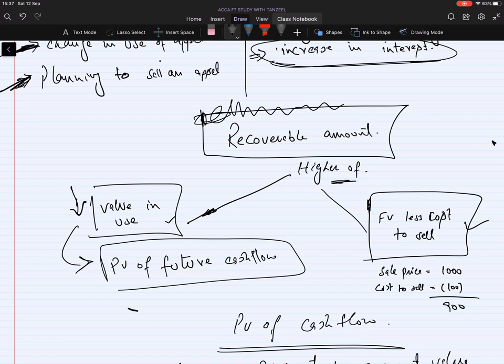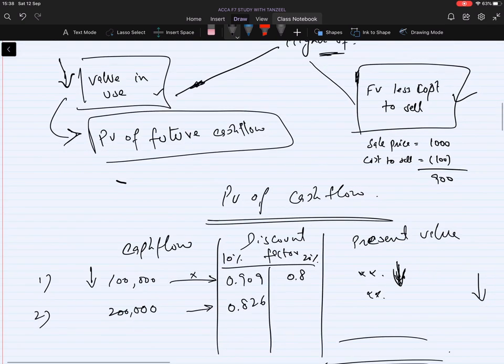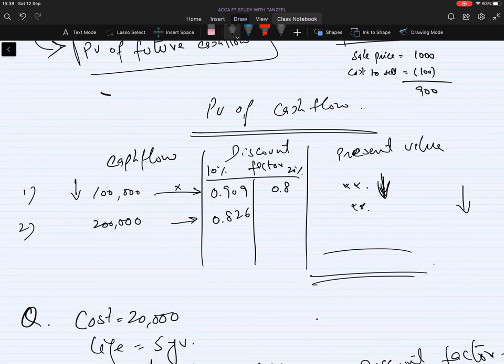So for any asset you can have benefit in two ways. One, you can have the benefit from the asset by selling it, or you can have the benefit of the same asset by using it. Those who have done F9 already know this.